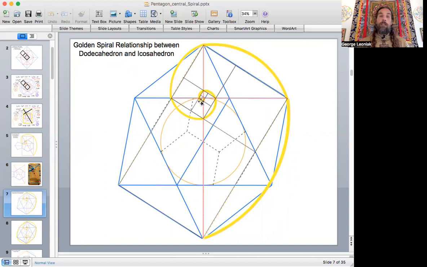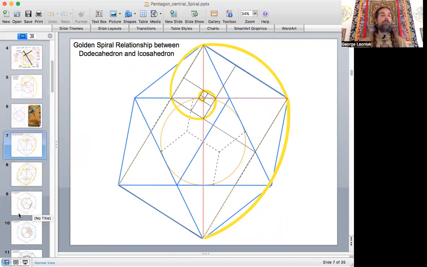And they're both sharing a large pentagon within a smaller pentagon, and they both share the same source of the golden spiral. So it's also right here on the intersection of the dodecahedron face in the middle, and I'll show shortly that there's an icosahedron inside that dodecahedron also sharing that point.